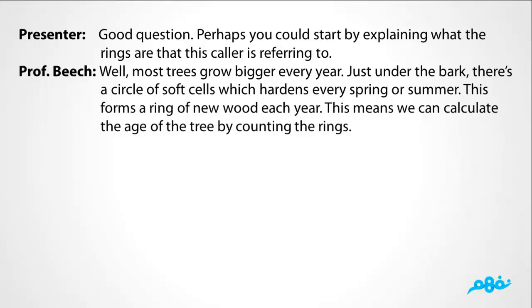Well, most trees grow bigger every year. Just under the bark, there is a circle of soft cells which hardens every spring or summer. This forms a ring of new wood each year. This means we can calculate the age of a tree by counting the rings.